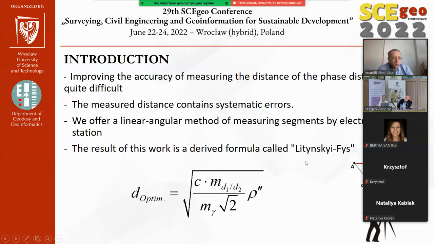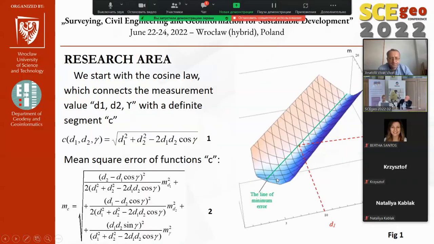To obtain this formula, we use triangle. You can see in the right side, and sinus law. Sinus law connect the measurement to distance and one angle with defined distance c.